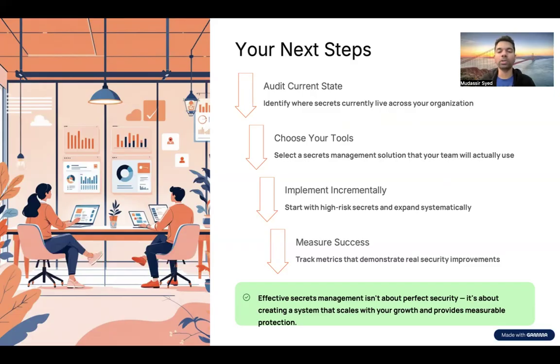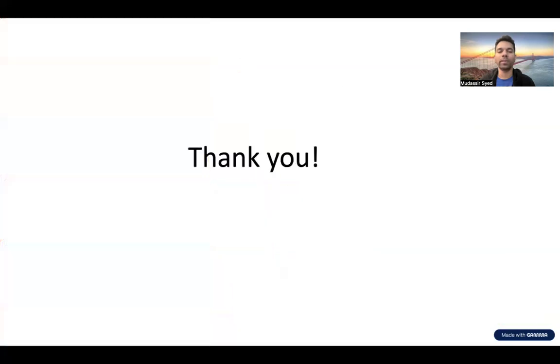Those sort of things are what you could do to measure your success, and then keep refining this process. Over a period of time, you will have fewer and fewer secrets in your repos and in your config files, and more of those would be moving into the secrets manager or vault.